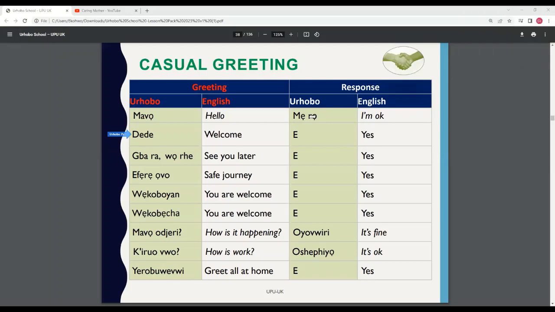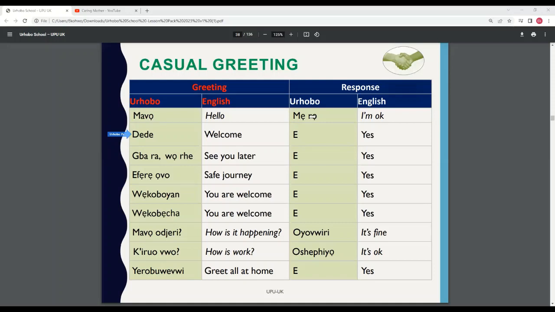Thanks. Can I just add, if I may, very often the Urhobo logic or the Urhobo worldview won't always translate. We are used to certain English rules. So for instance, in English you would say thank you in response to you're welcome.